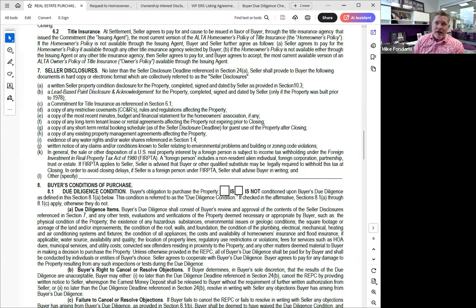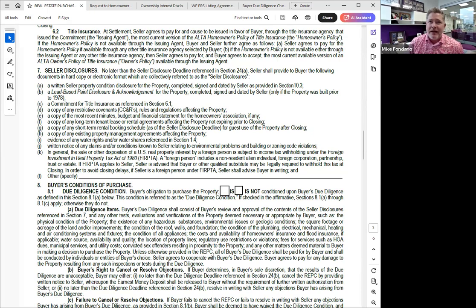Before we jump in, this is a really good time to remind everyone, the seller's disclosures are not just simply the seller's property condition disclosure. I do catch us, and even I do sometimes, referencing seller's disclosures as that single document, but seller's disclosures are a package of documents potentially, right?